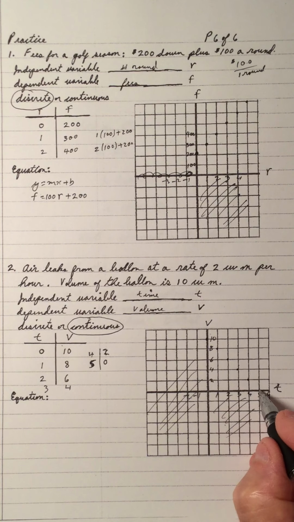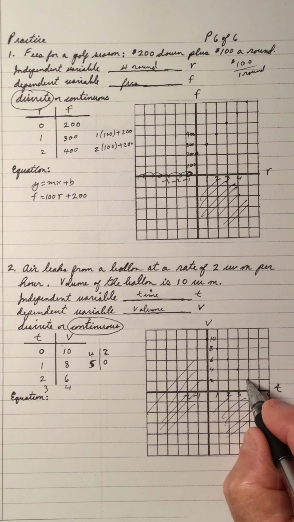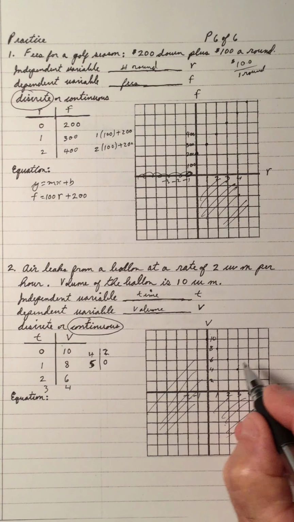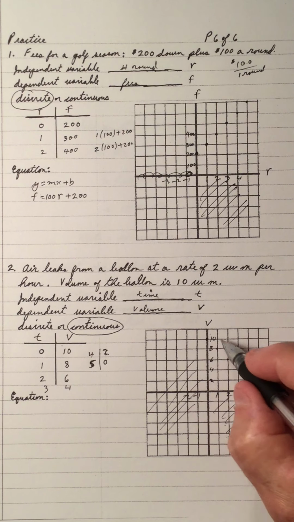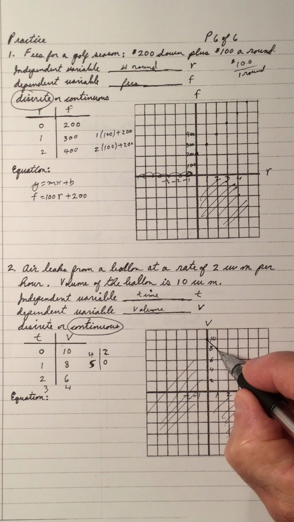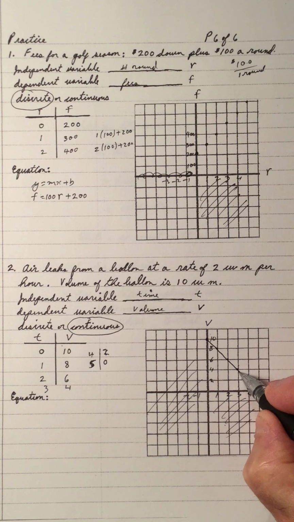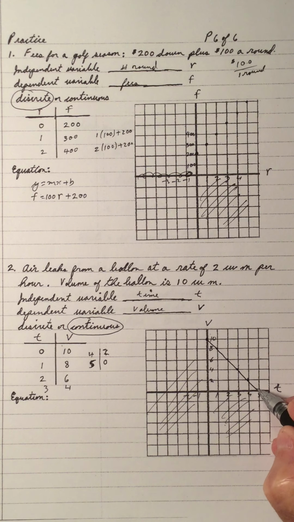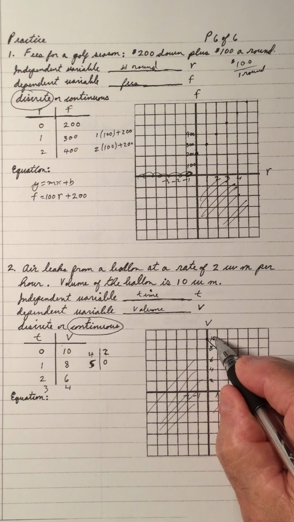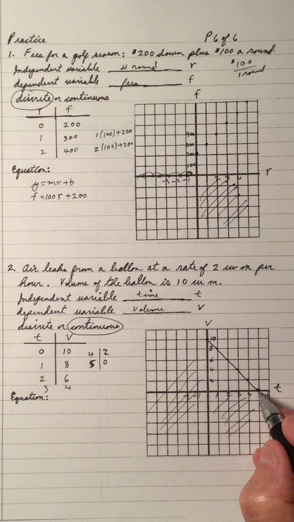And 5 hours, there's no more air left in the balloon. Notice it's continuous because time is always changing. So it's a solid line, and there it is. It goes from 10 when the balloon is full to when it's empty.